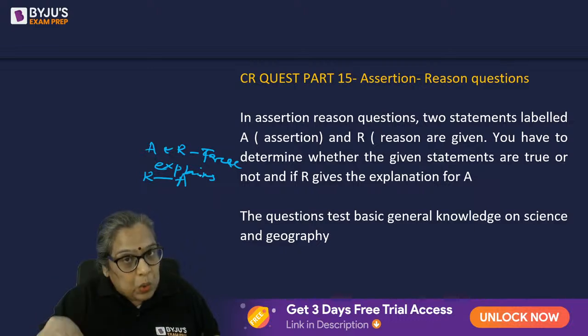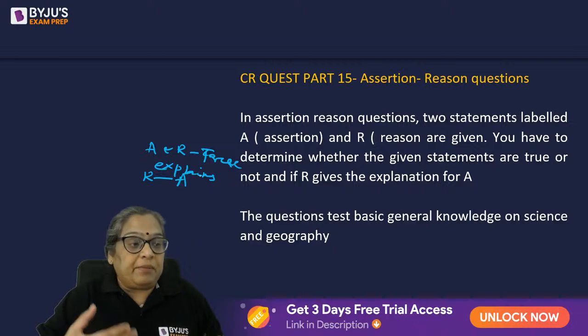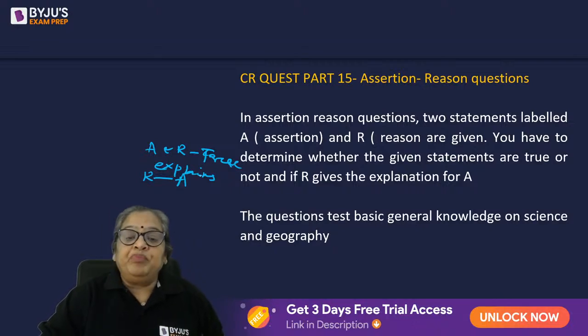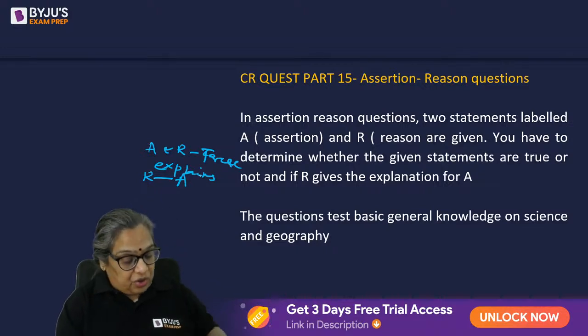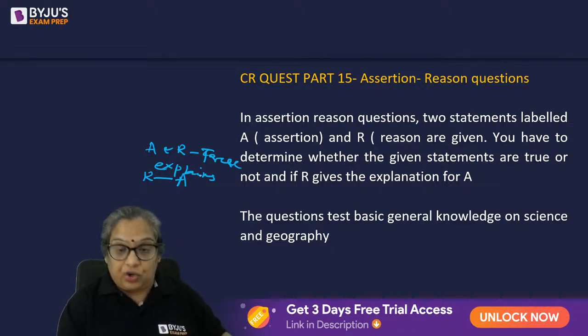And there is a code. So you have to understand the code and mark your answer according to the code. The questions test basic general knowledge of science and geography.